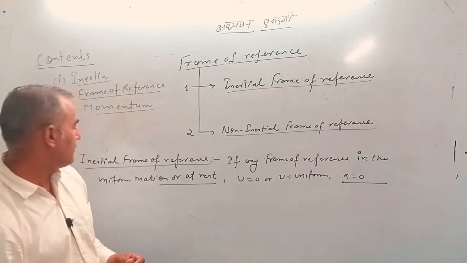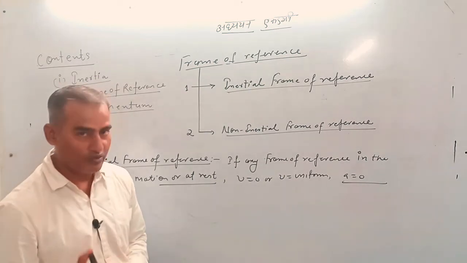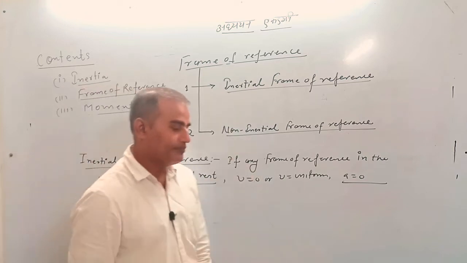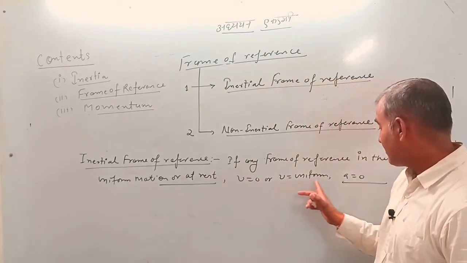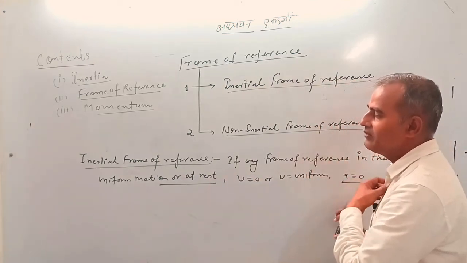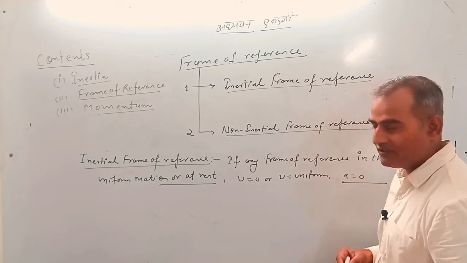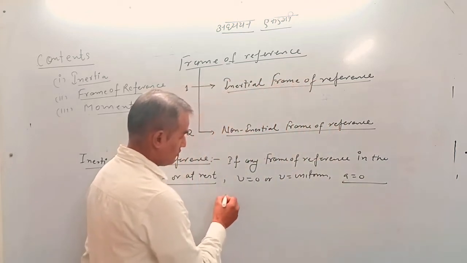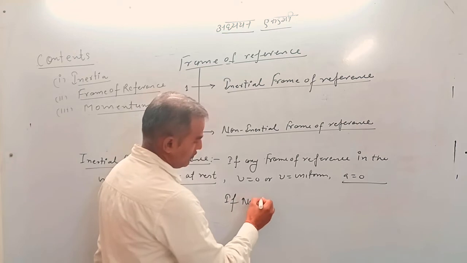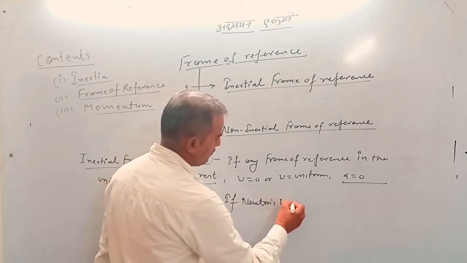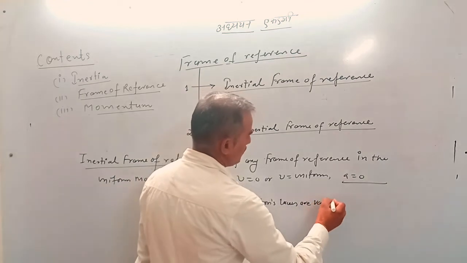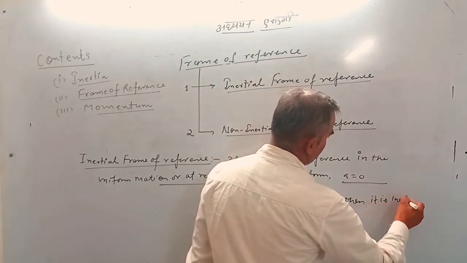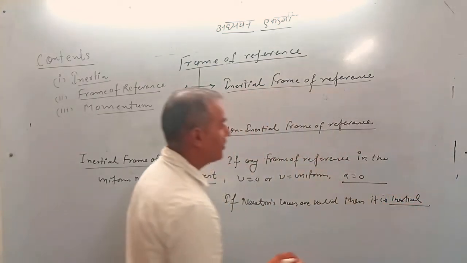If any frame of reference is moving with uniform velocity or with acceleration 0, then this is called an inertial frame of reference. Another definition: if Newton's laws are valid, then it is an inertial frame of reference.